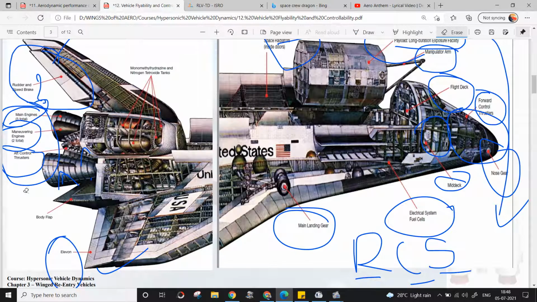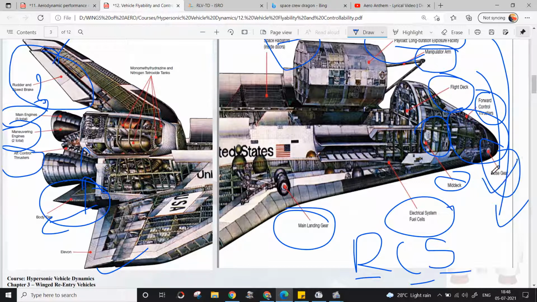So by introducing a body flap, which is only able to deflect downward, we can maintain the stability of the vehicle. That's why this body flap is designed in such a way that it can be deflected downward.